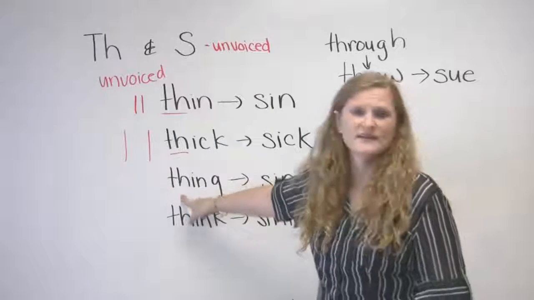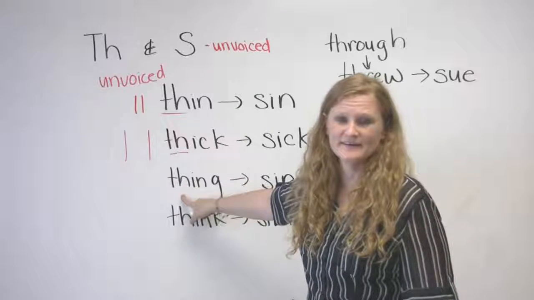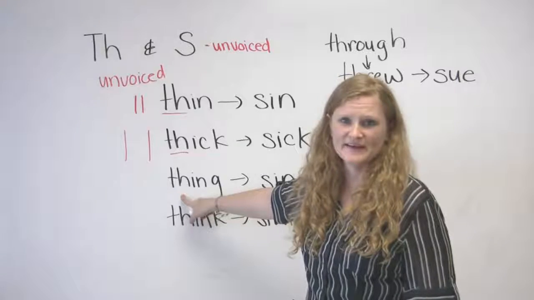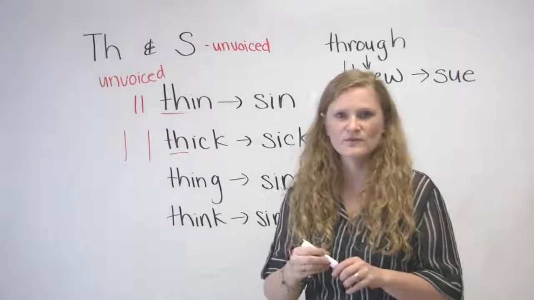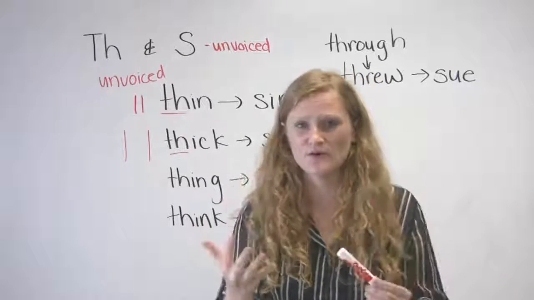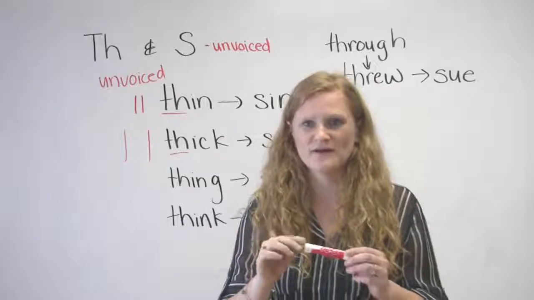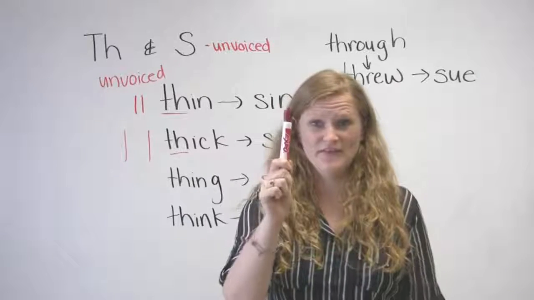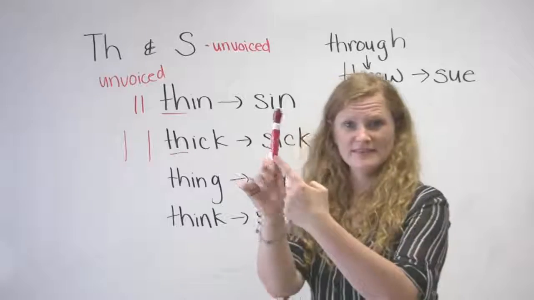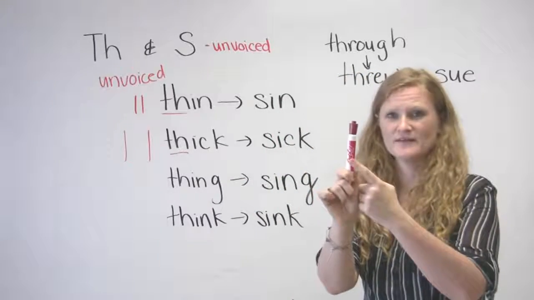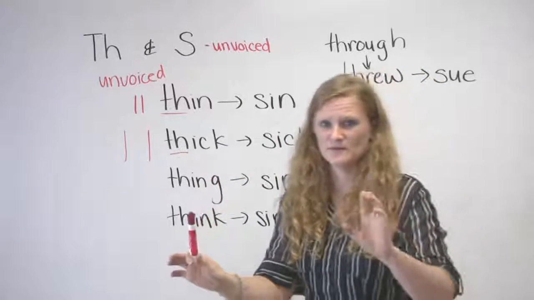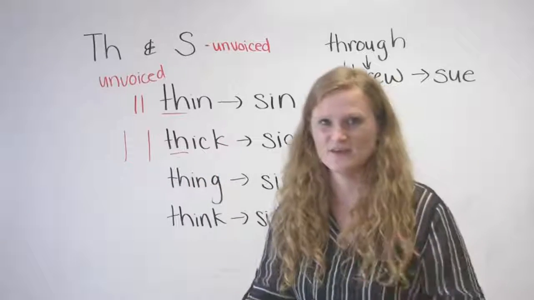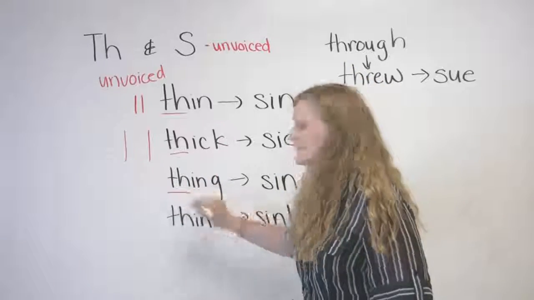Next word is thing. If we don't know the vocabulary for a word, you can always fall back on this trick. The thing. The red thing is a marker. So if you don't know the vocabulary for a word, just call it a thing. It works all the time.